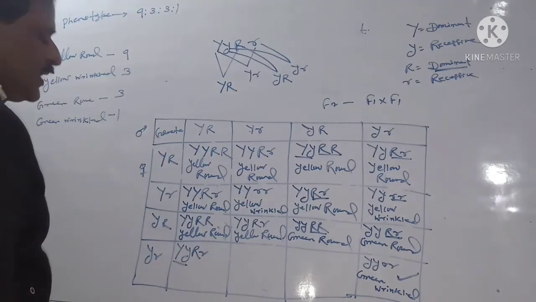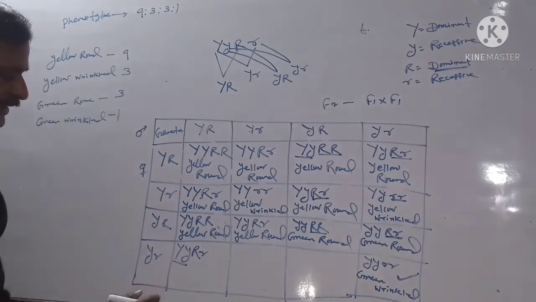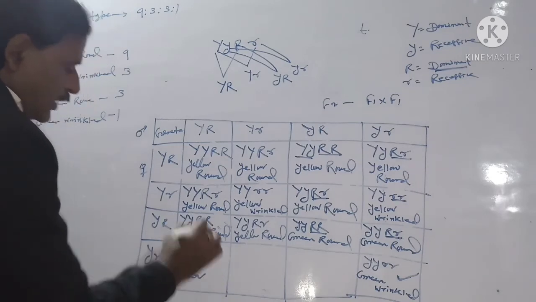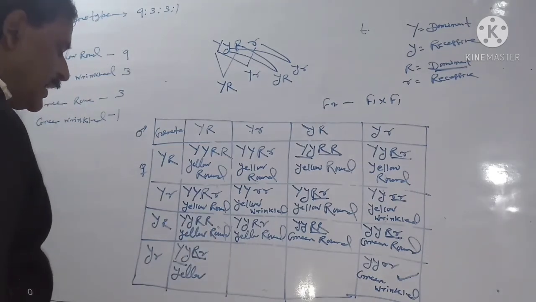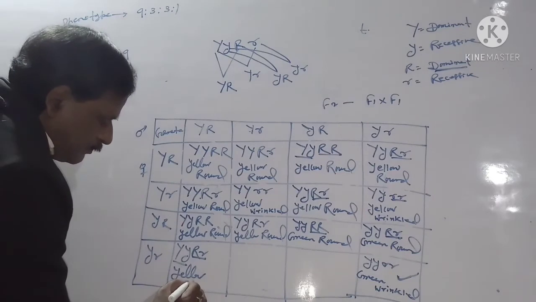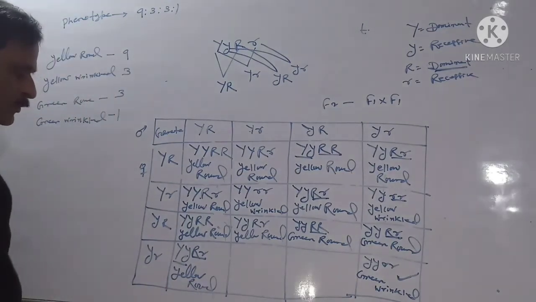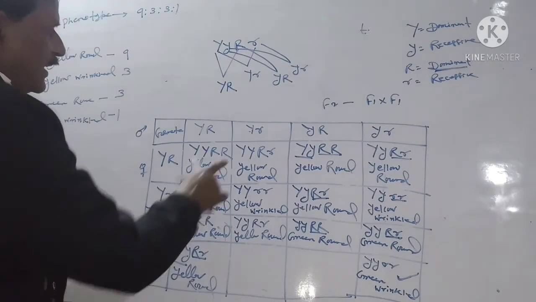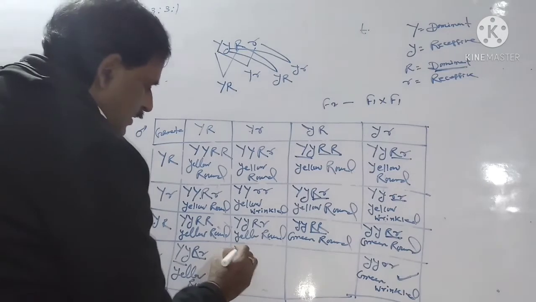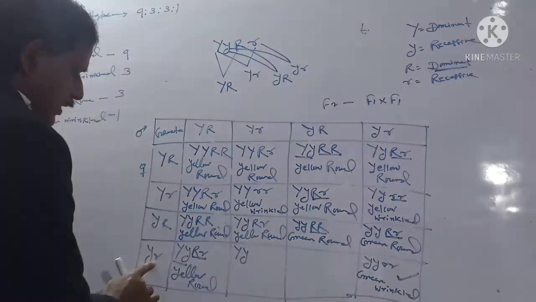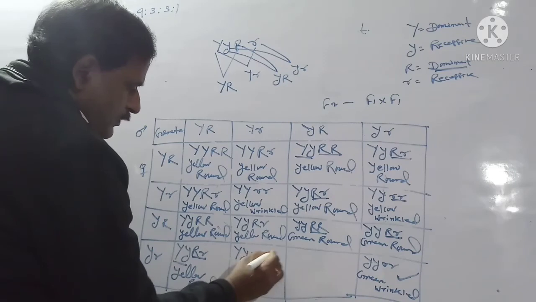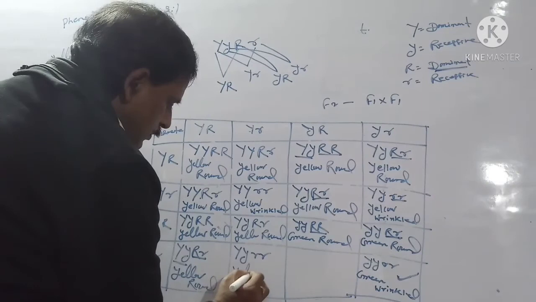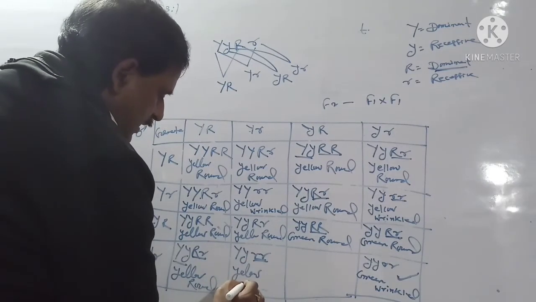The capital character is dominant and capital Y indicates yellow, and capital R, small r, capital R is dominant and indicates round. So yellow round. Next, capital Y, small y, small r, small r. Here the given character is capital Y, yellow, and small r, wrinkle.